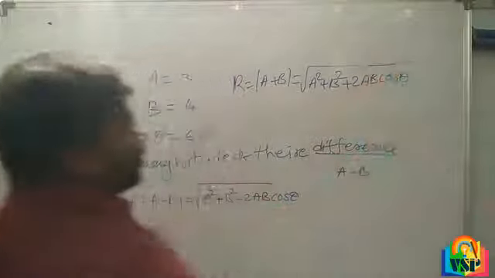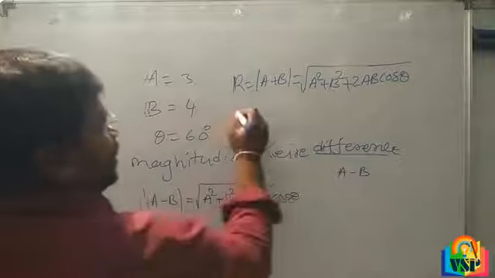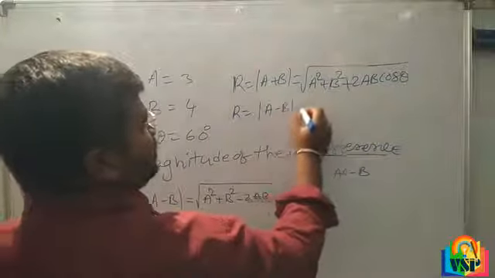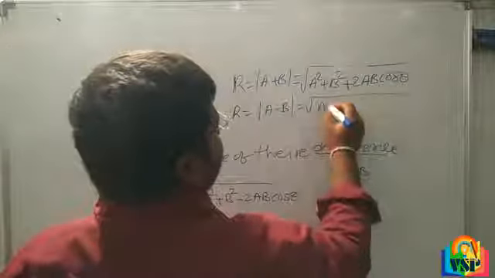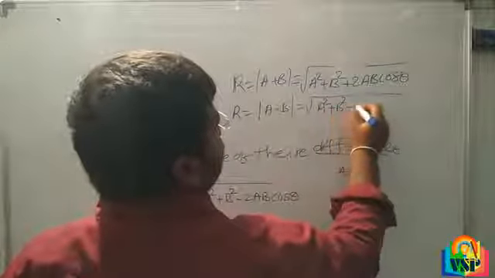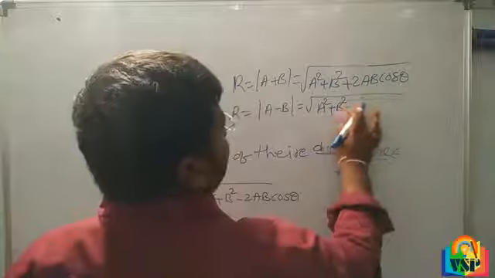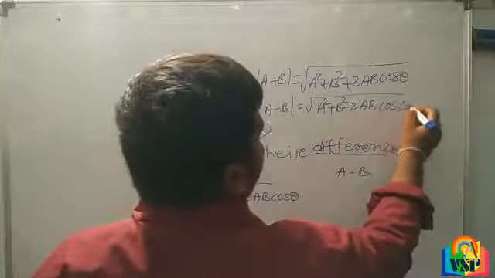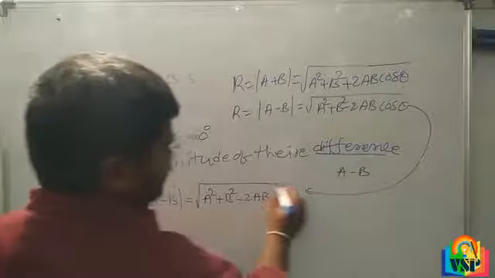For the difference, R is equal to A minus B is equal to root of A square plus B square minus 2AB cos theta. This formula we can write here.